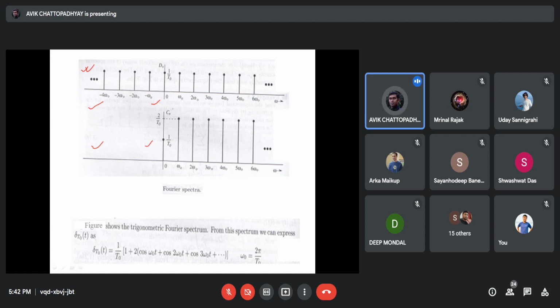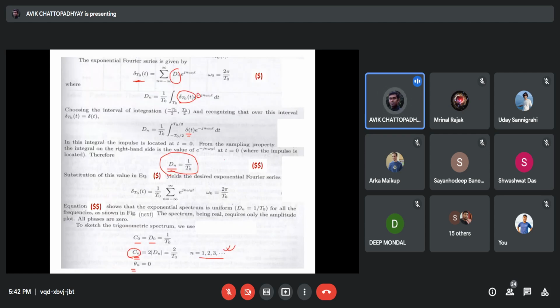This is the pictorial representation, and this is the mathematical representation. In the mathematical representation, it's the same thing. You are going to write 1 by T naught in the form of a compact trigonometric series, where your theta n is 0, so we don't need to bother about that.